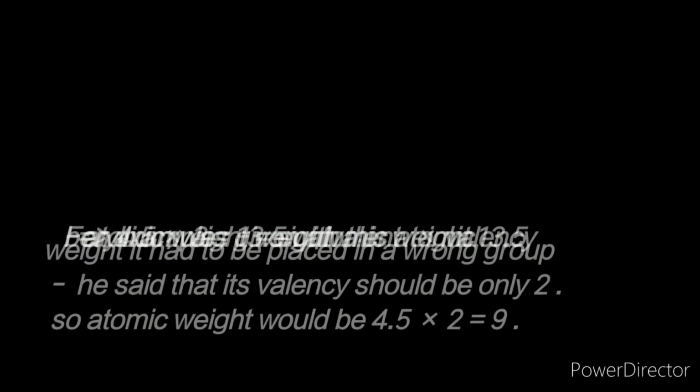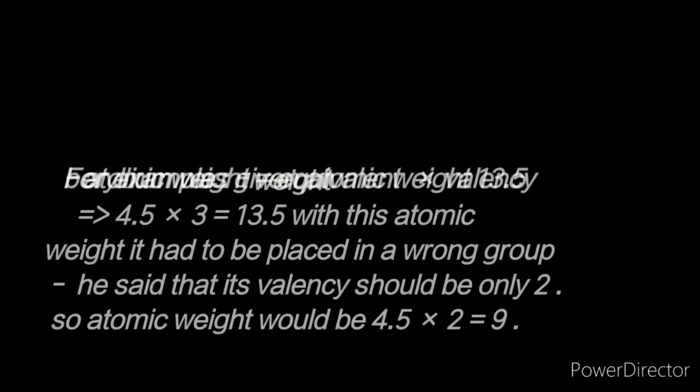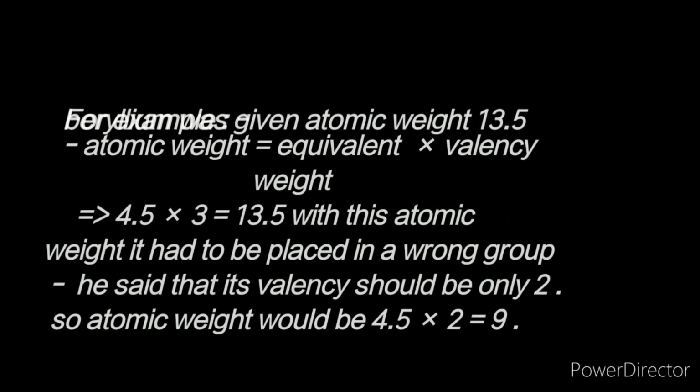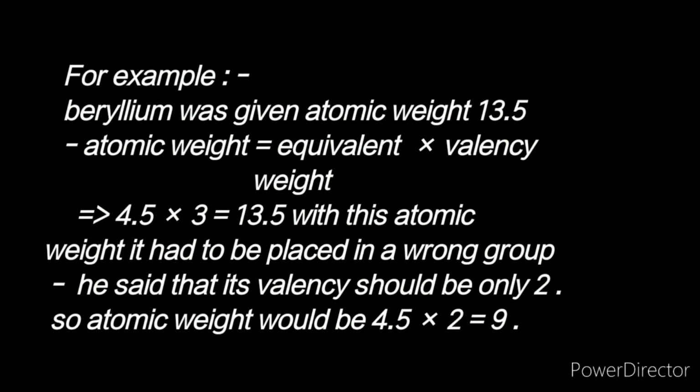The equivalent weight of beryllium was found as 4.5 and its valency was thought to be 3. Therefore, the atomic weight of beryllium was given as 4.5 into 3 equals 13.5. With this atomic weight, it had to be placed in a wrong group in the table.